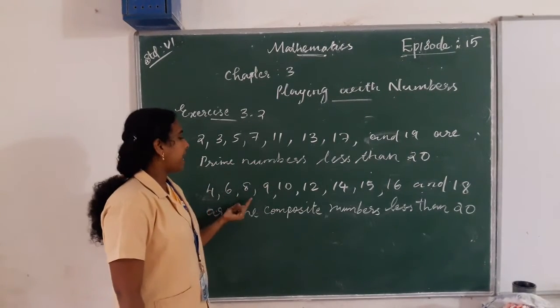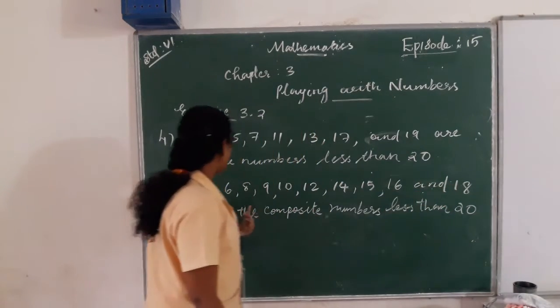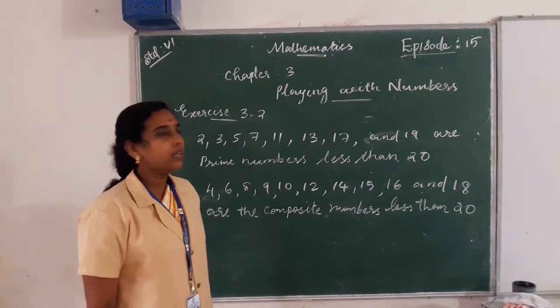And 4, 6, 8, 9, 10, 12, 14, 15, 16 and 18 are the composite numbers less than 20.